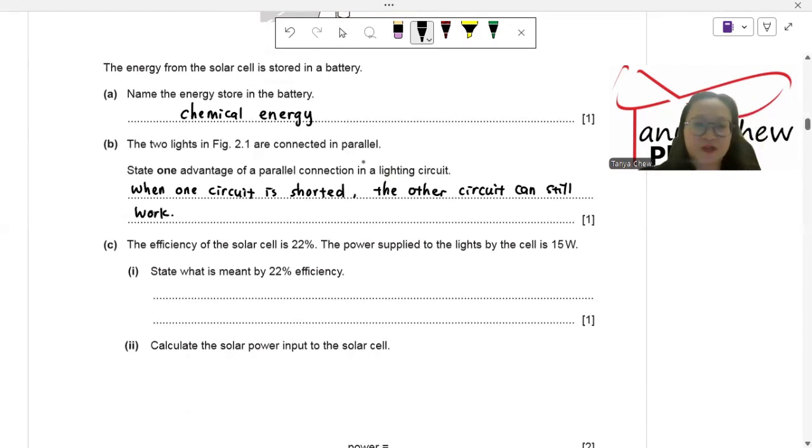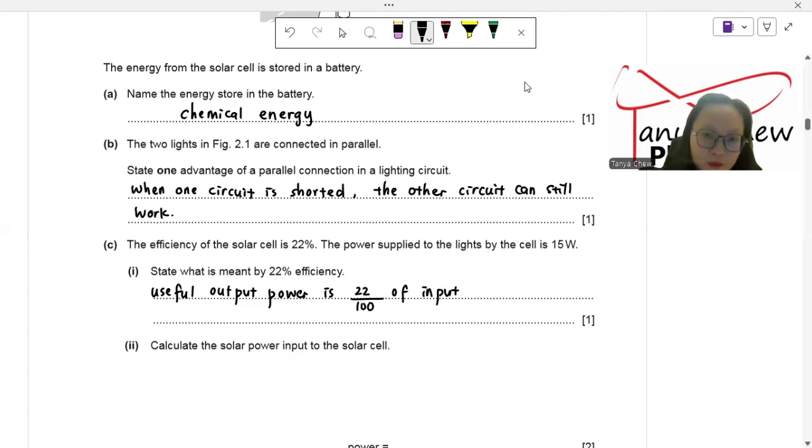C, the efficiency of the solar cell is 22%. The power supplied to the lights by the cell is 15 watt. First part, state what is meant by 22% efficiency. So it means that the useful output power is 22 over 100 of input power.